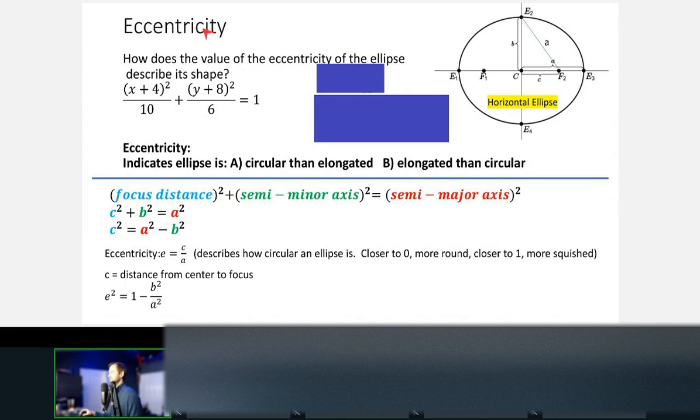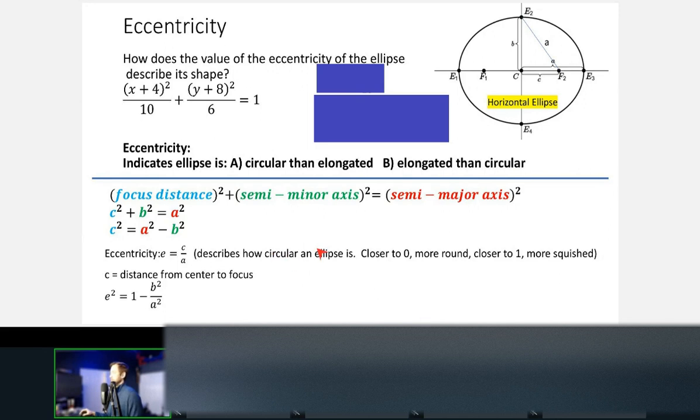I think it was in day 3 of ellipses, last page. And there's a formula. The question says, how does the value of the eccentricity of the ellipse describe its shape? Here's the equation of the problem. You have 2 choices: more circular than elongated, or more elongated than circular.